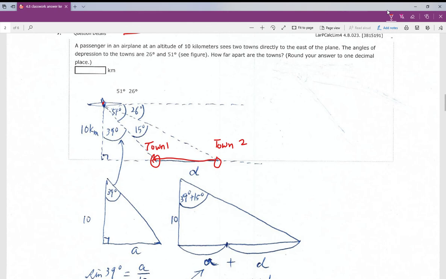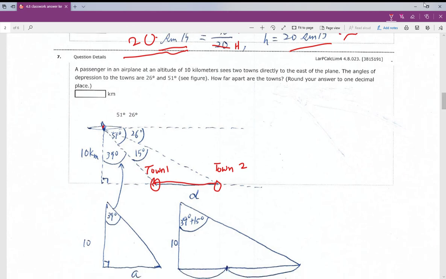Now, the question provided here is the angle of depression. What's the angle of depression?